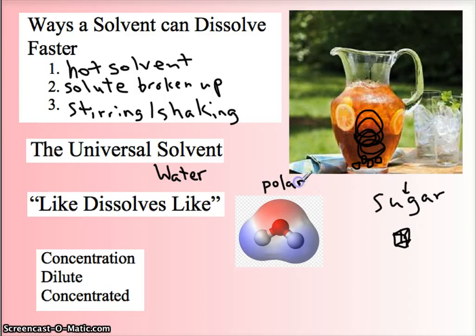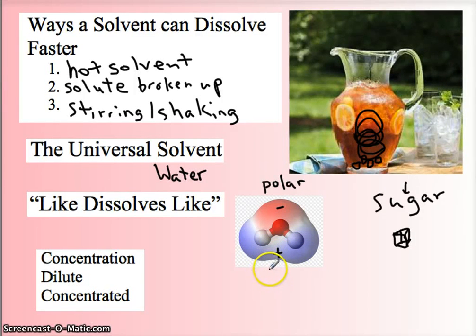I think we may have discussed this earlier. The oxygen side has a partial negative charge. 2 hydrogen, 1 oxygen. And that means the hydrogen side has a partial positive charge, the cation side of the periodic table.